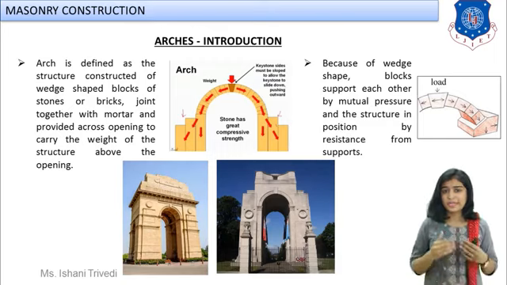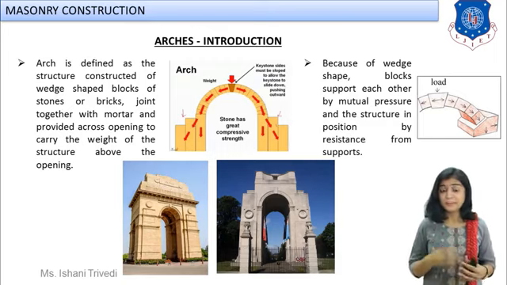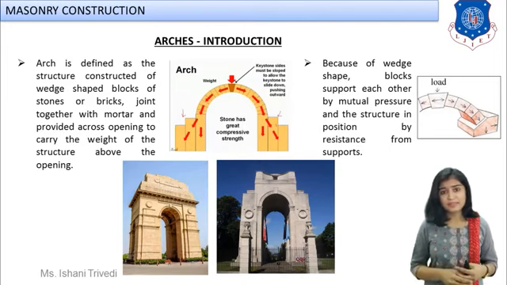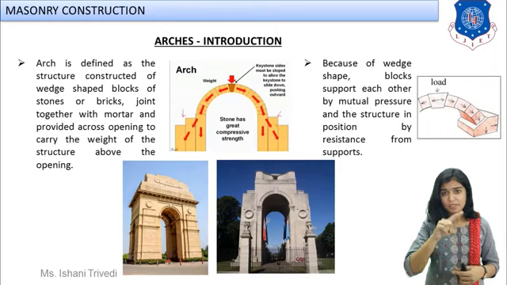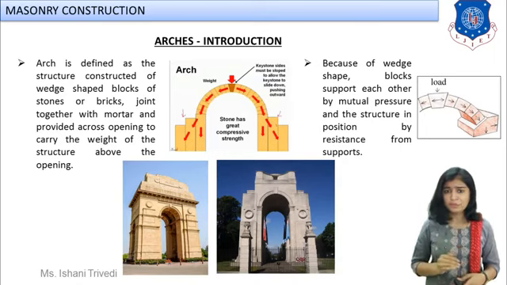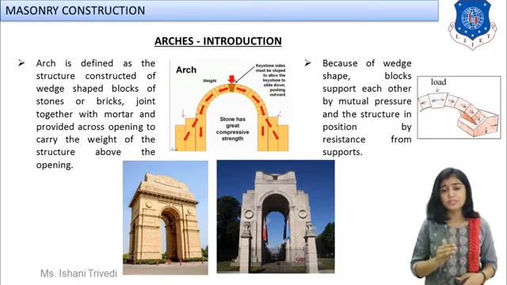So across any openings, if you are not providing lintels, then sometimes, if the span is more, if you want a better aesthetic view, or sometimes if the loads coming are very heavy, then in those cases you can provide a construction known as an arch. It means a curved shape structural member which is provided across the opening of the building, of the room.